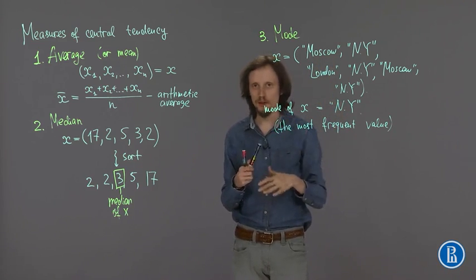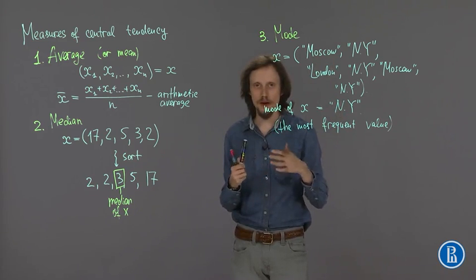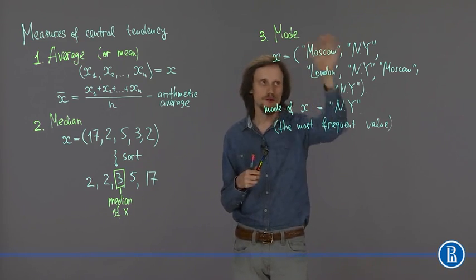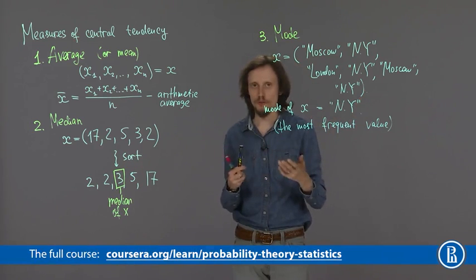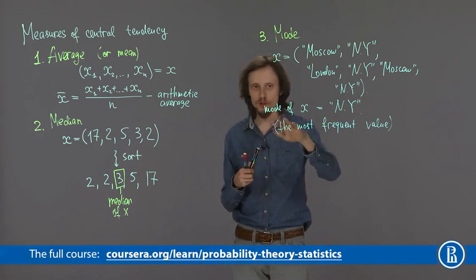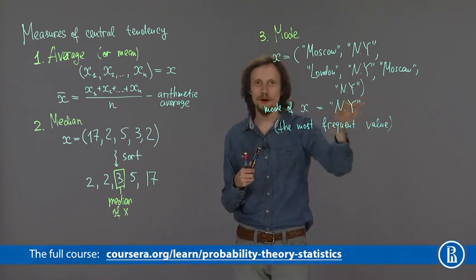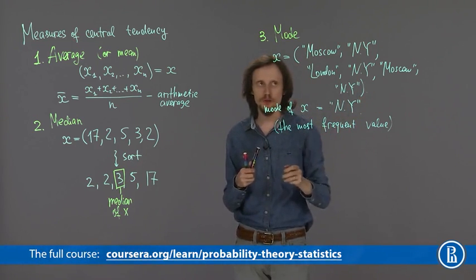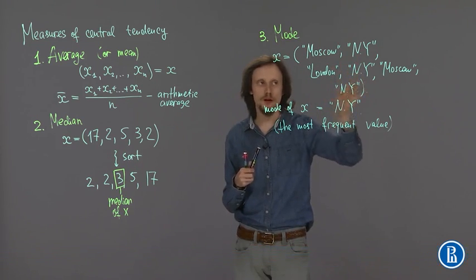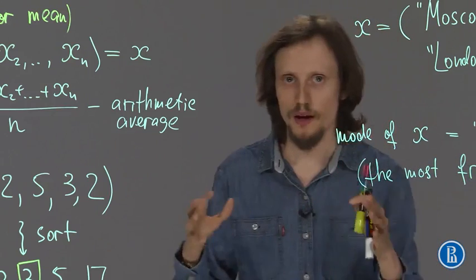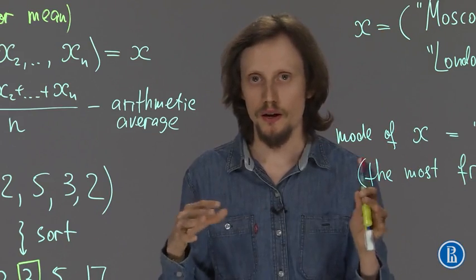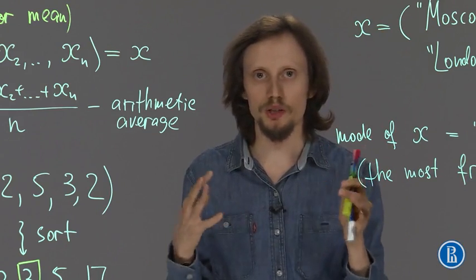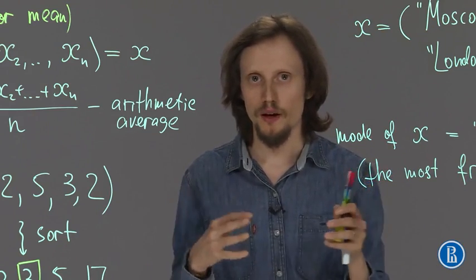Mode is defined for any types of variables, but it is mostly useful for categorical unordered variables with not so many different values. Measures of central tendency describe, in a sense, a typical element of our dataset.